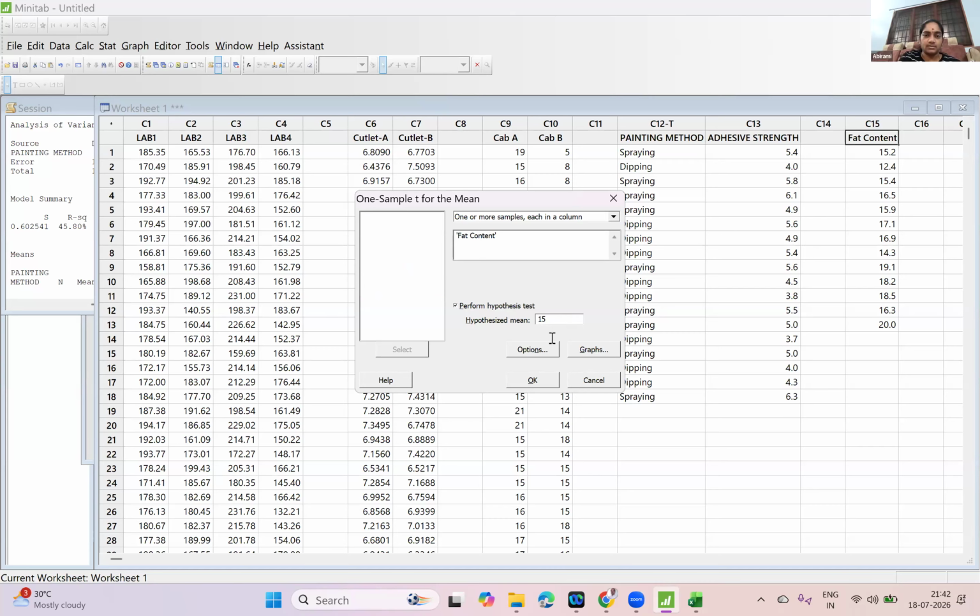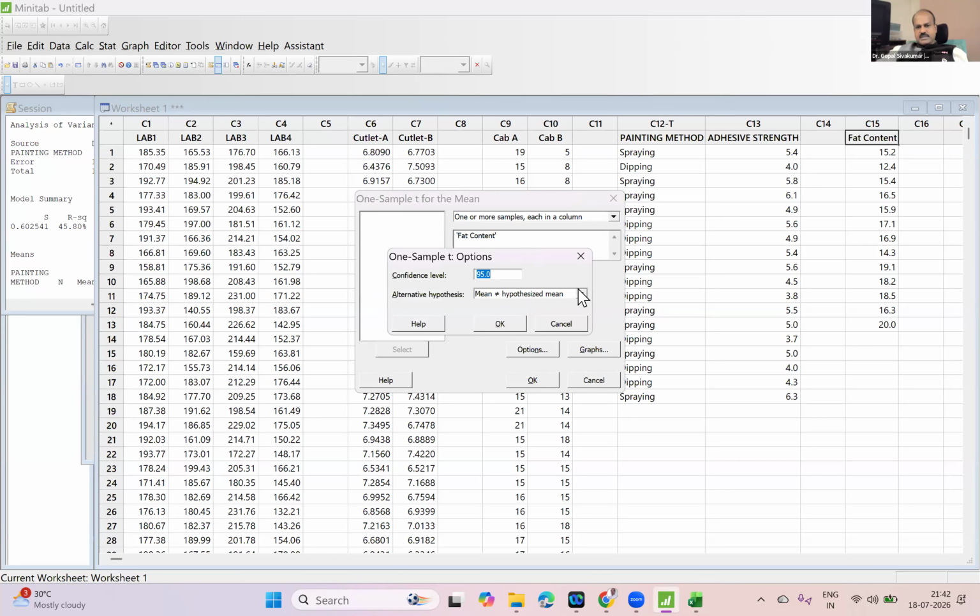So that's a reference value that is typed here. Go to Options, 95%. Now the required alternate will be greater than. Based on the test, you are going to check whether the fat content is less than 15% or not. If it is less than 15%, then people can buy the cooking oil.